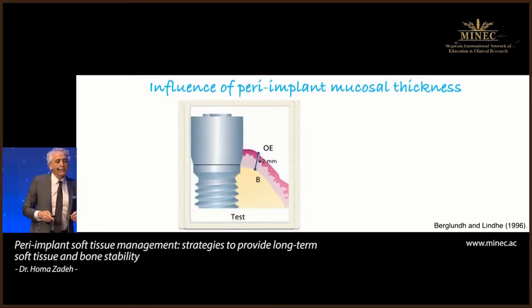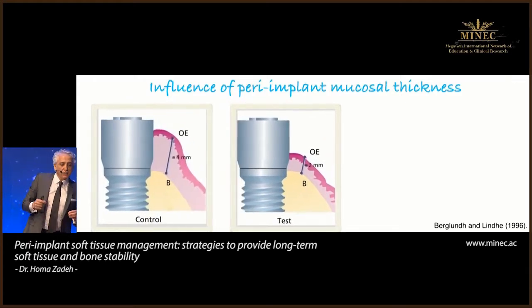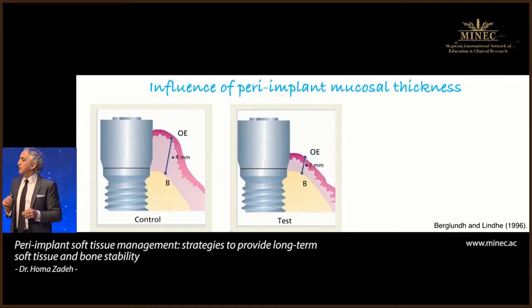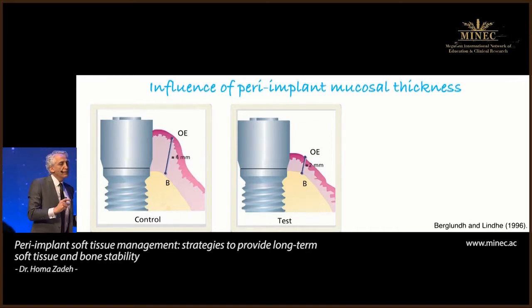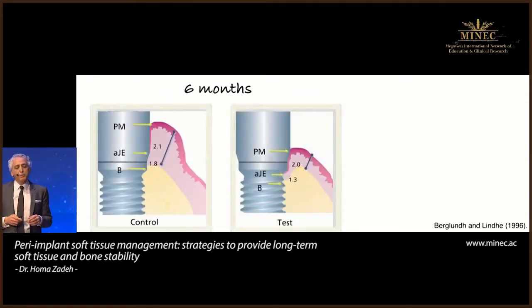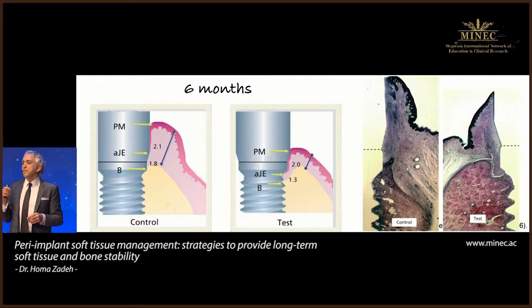And they compared these two groups. The test group had 2 millimeters of keratinized mucosa in thickness, and the control group had very thick mucosa, which was 4 millimeters.